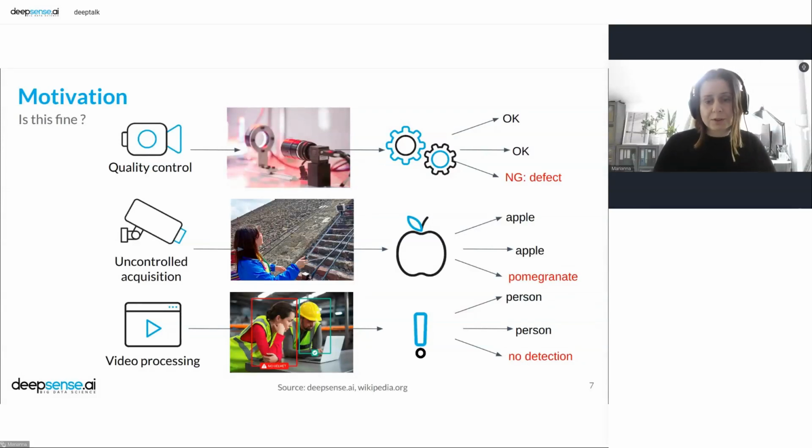In the case of uncontrolled acquisition, changes in perspective and scale will give different results for the same object or scene. In the case of video processing, we obtain different results for consecutive frames. This is also an example from my experience. I was working on a video object detection project, and the detected object appeared and disappeared throughout the film, even though the frames looked almost the same.